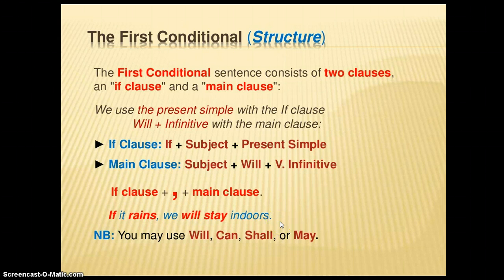This is something highly probable to happen. If it rains, we will stay indoors. There may be a chance that we don't, but it is highly possible that this action happens. We mostly use will, but we could also find some other modal verbs such as can, shall, or may.